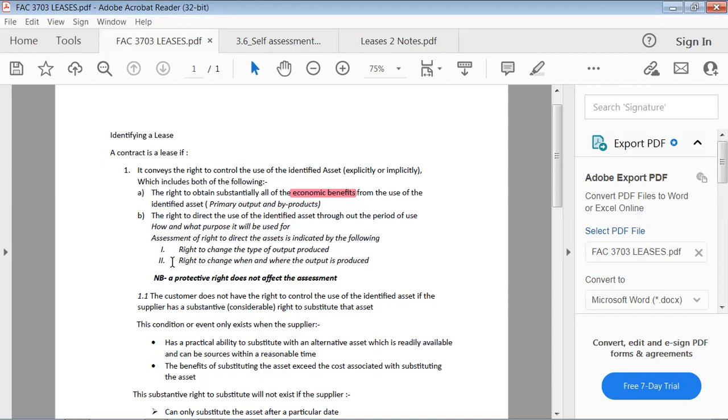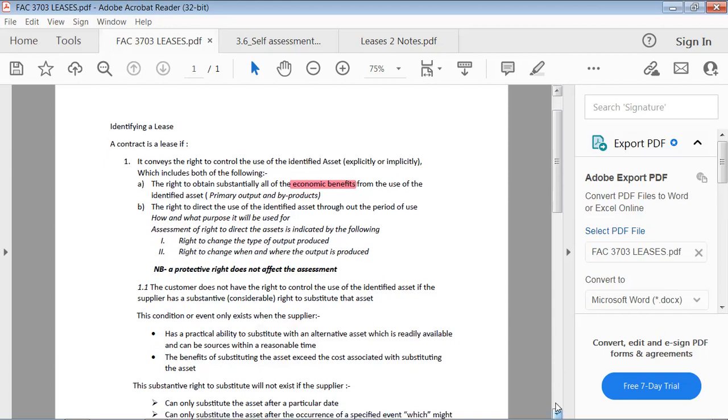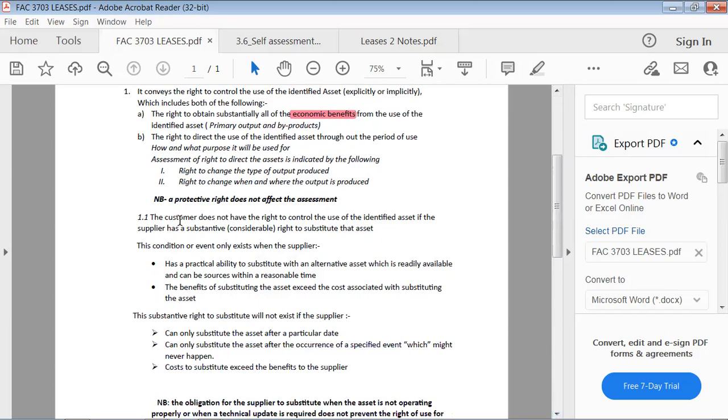And we're saying here the customer does not have the right to control the use of the identified asset if the supplier has a substantive, which is considerable, right to substitute that asset.